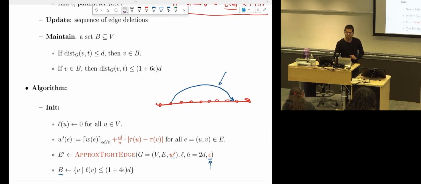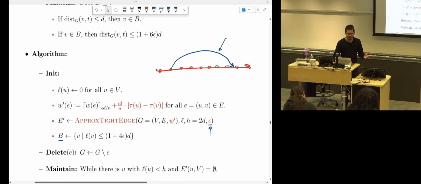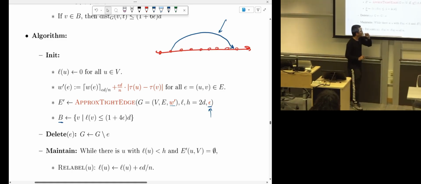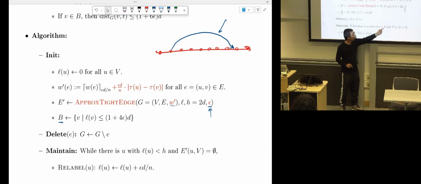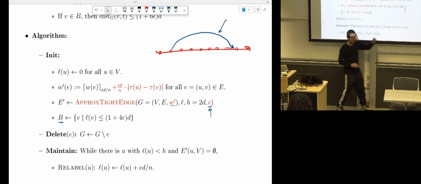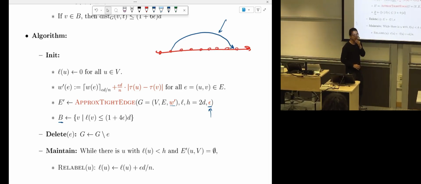Right. So now after this, everything is the same. When we delete, just delete that edge, and we maintain the same thing. That is, as long as there is some node whose level is not maximum and there is no tight edge, no active edge out of it, then just increase the level. By how much?